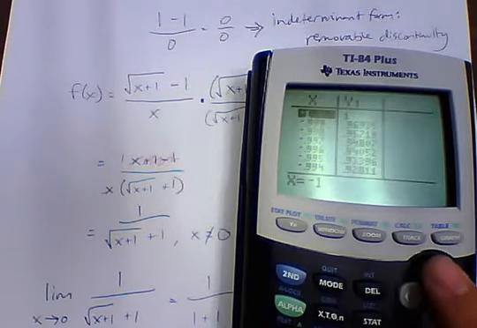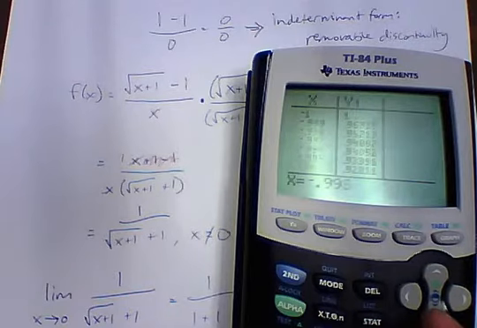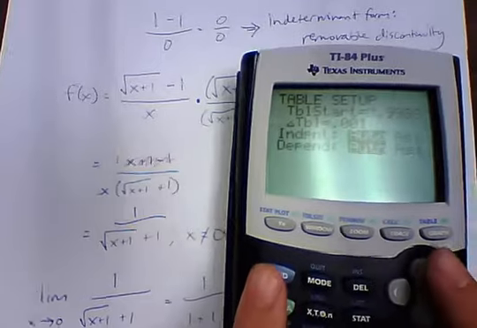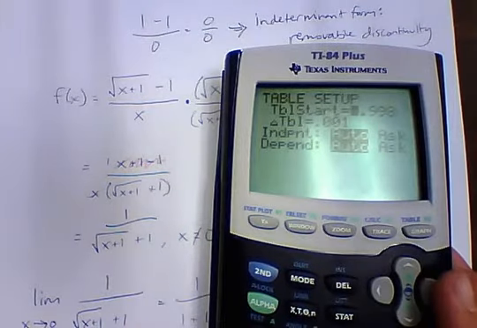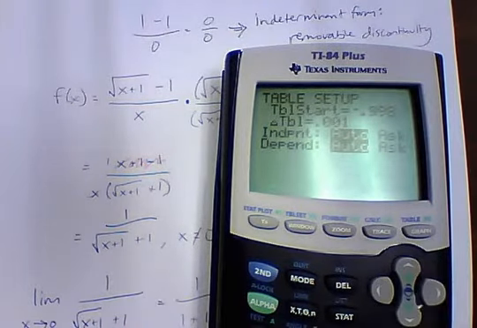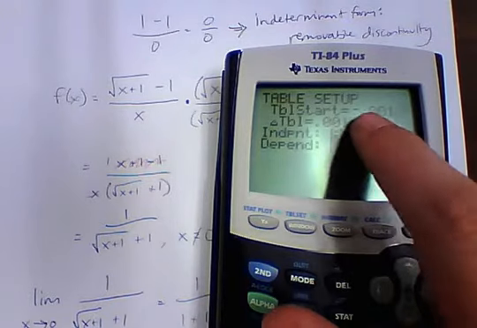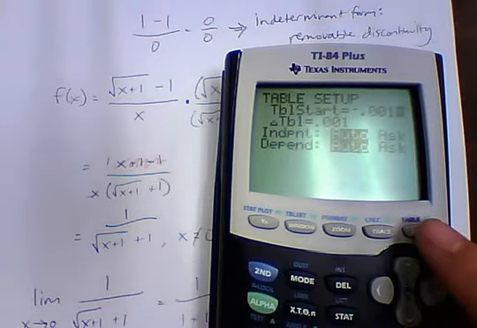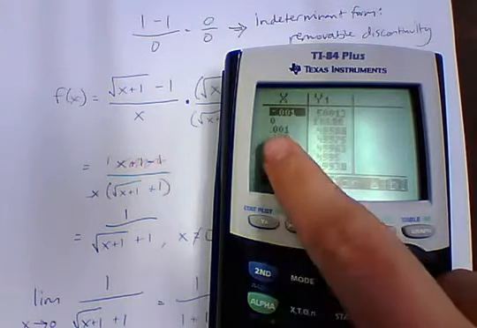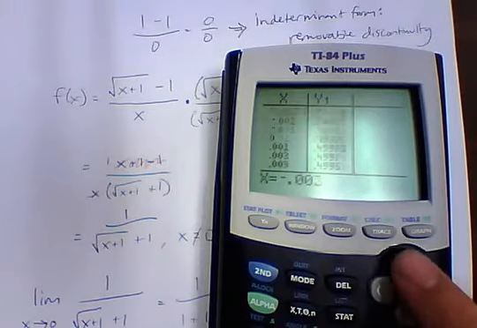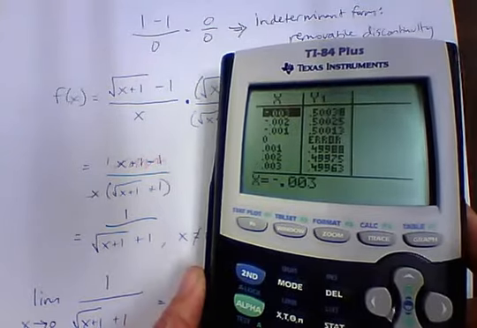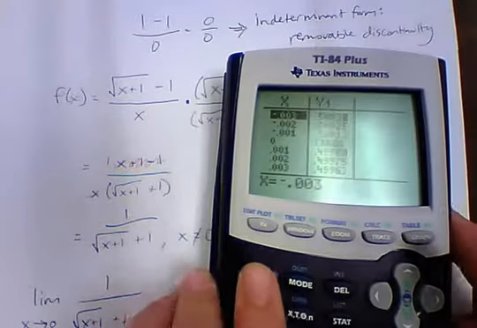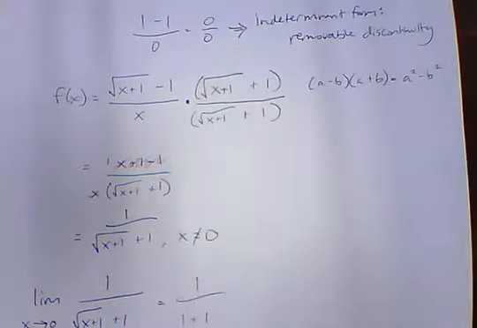We see as we go up to, oh, pardon me, I started at the wrong place. Let's do that. So we'll press second window again. Let's start close to 0. Pardon me. There we go. Let's do negative 0.001. That will be close to 0. And if we press second graph, there it is. We can even see 0 right there. And we can see clearly that our graph is undefined when x equals 0. There's that hole. Okay, I press second quit. Let's get out of that.